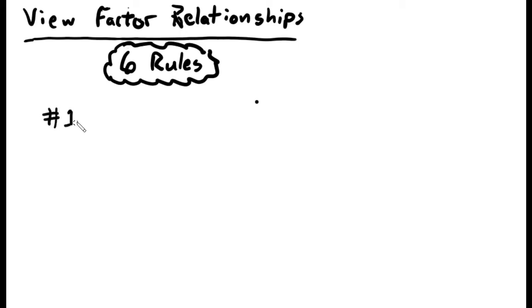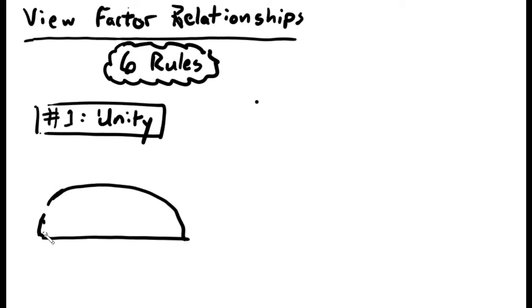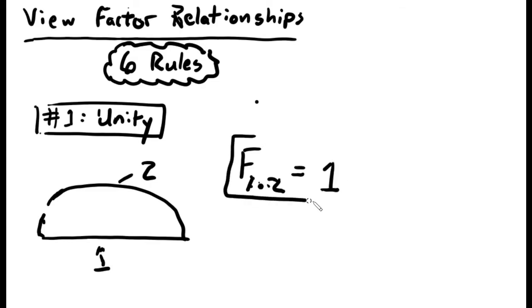We have rule number 1, which I will call the unity rule. Okay, let's say you have a surface like this and another surface like this. This is surface 1 and this is surface 2. So the view factor from 1 to 2 is equal to 1, or unity.